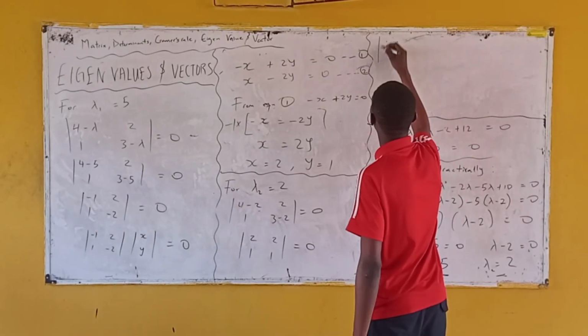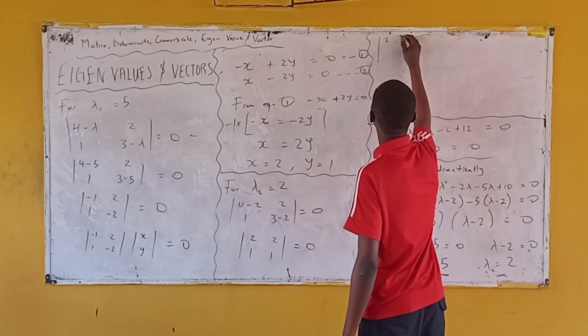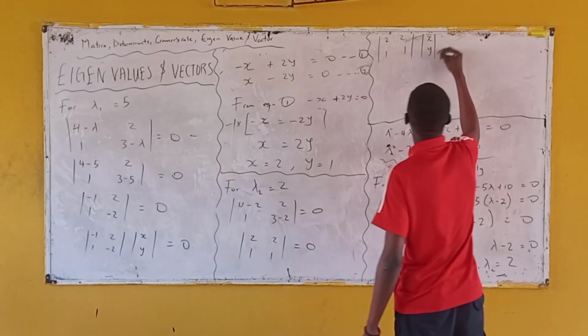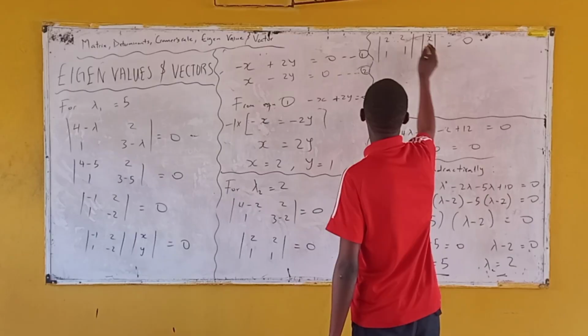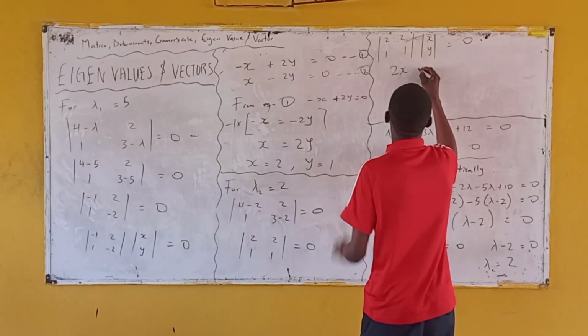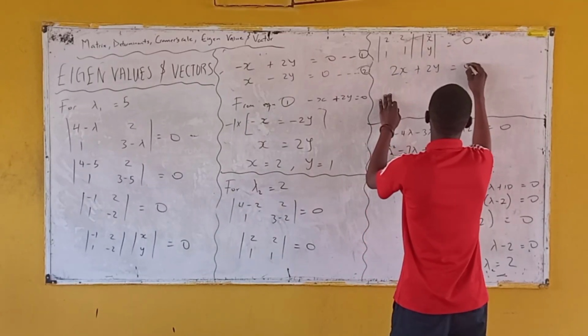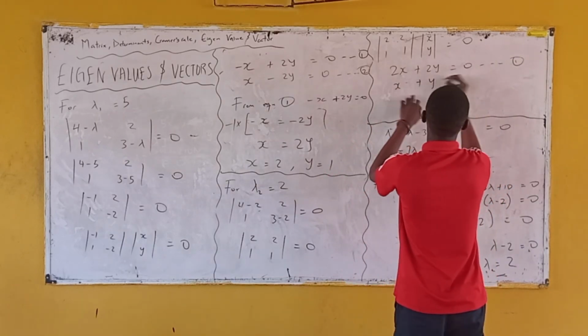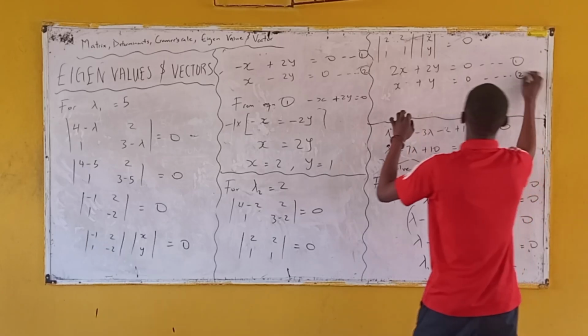We can introduce our x and y. 2, 2, 1, 1 times x, y equals 0. That will be 2x plus 2y equals 0, equation 1, and x plus y equals 0, equation 2.